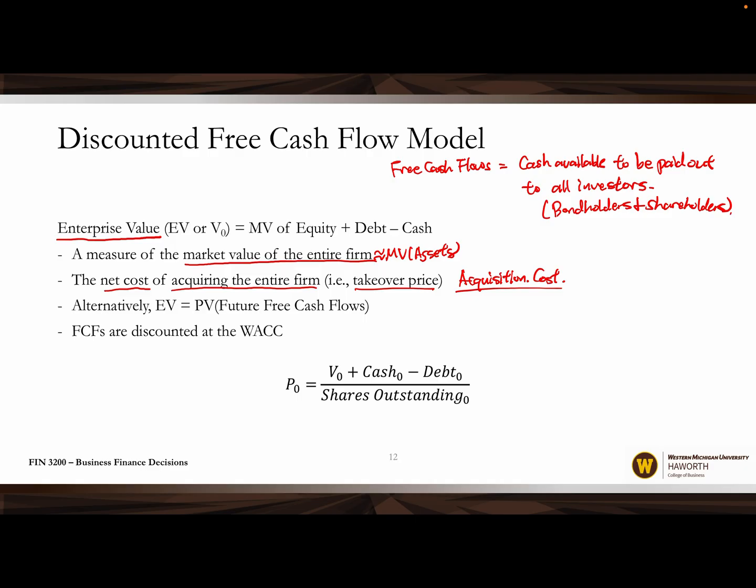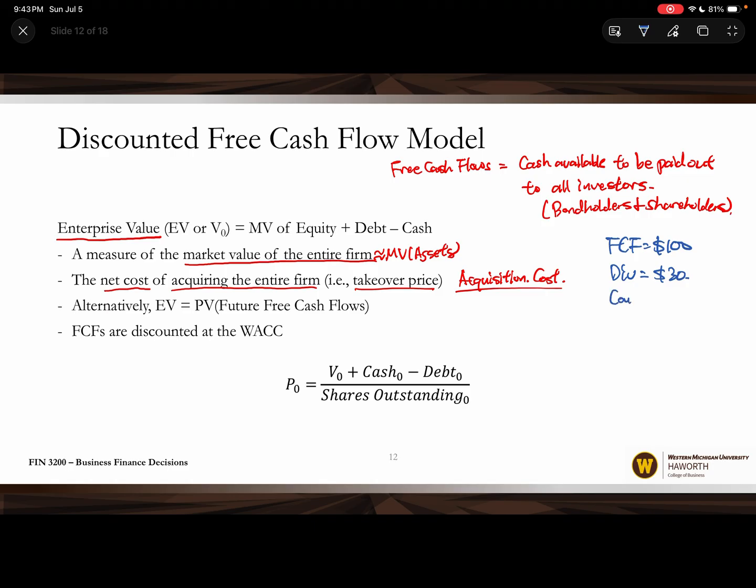Roughly speaking, if the firm makes $100 of free cash flows in a given quarter or a given year, maybe $30 will go to shareholders, and the rest might go to bondholders.